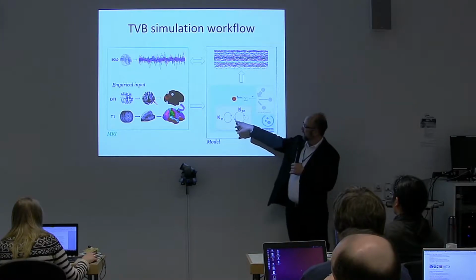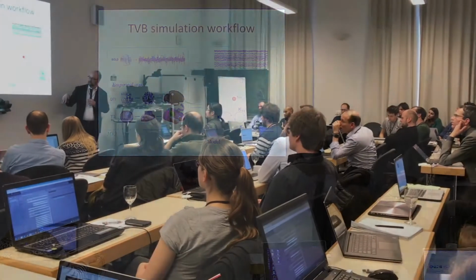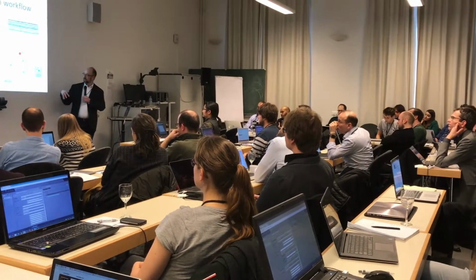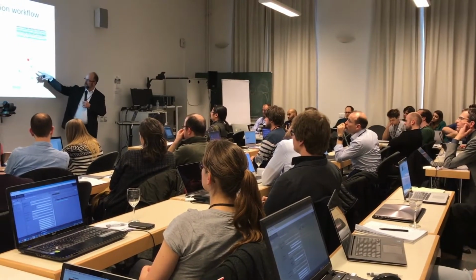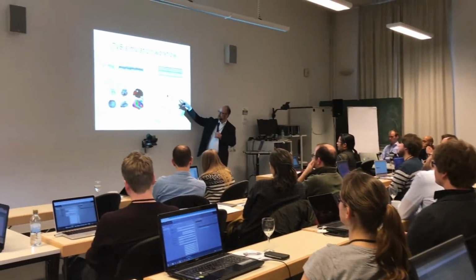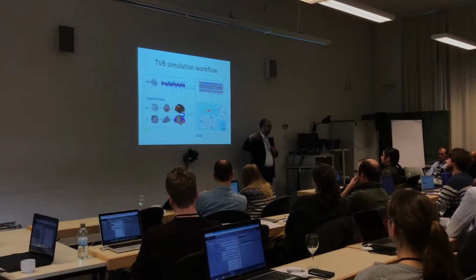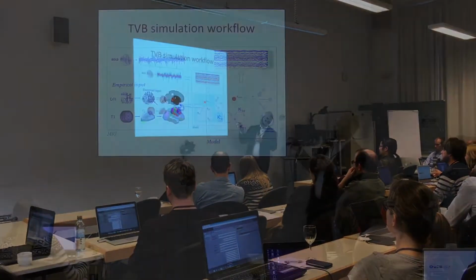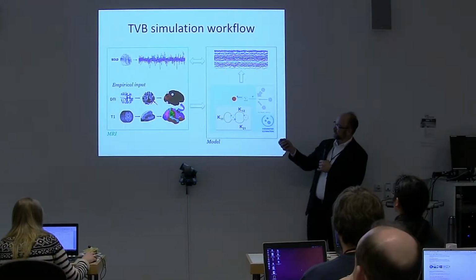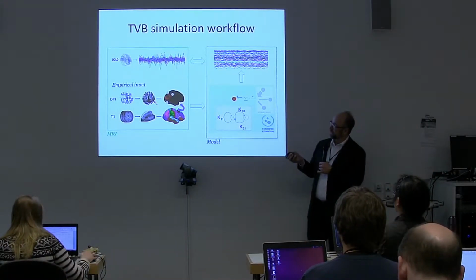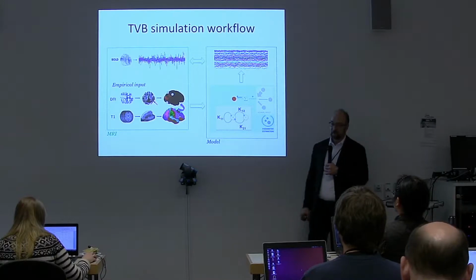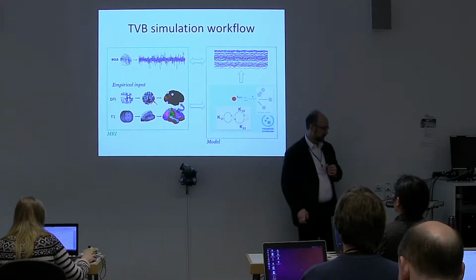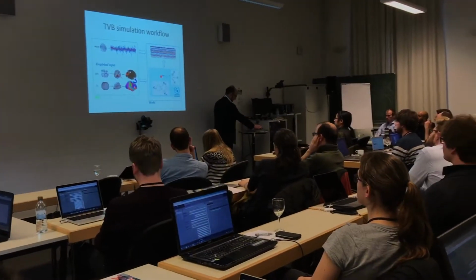You have the K parameters, which correspond to different interactions between the excitatory and inhibitory pools of neurons. We have the local parameters and the global parameters, which are basically the scaling of the global coupling. This generates the local field potentials, which are pushed through the Balloon-Windkessel model, and then fit to the functional connectivity in this particular case for these individuals.